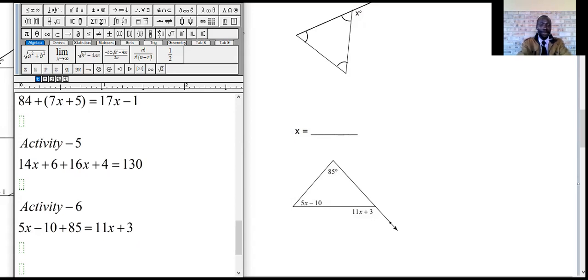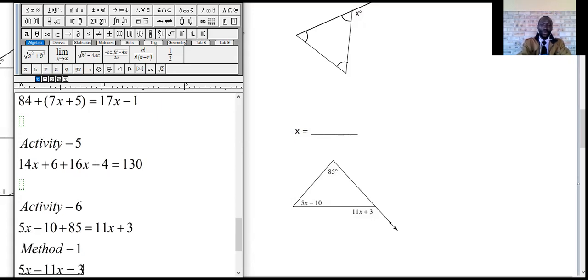Let me call these different methods. I'm going to call this one method 1. In method 1, I'm going to transfer 11x from the right-hand side to the left-hand side so that we get 5x minus 11x. Notice that it's minus 11x because 11x is positive on the right-hand side, and so on the left-hand side it is negative.